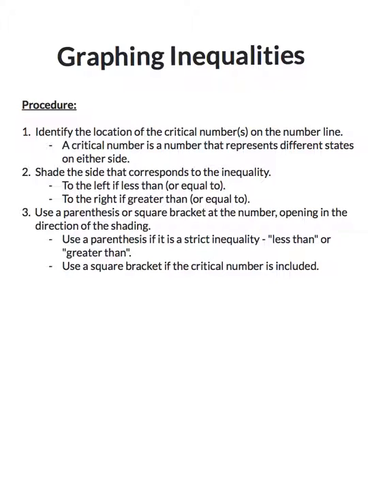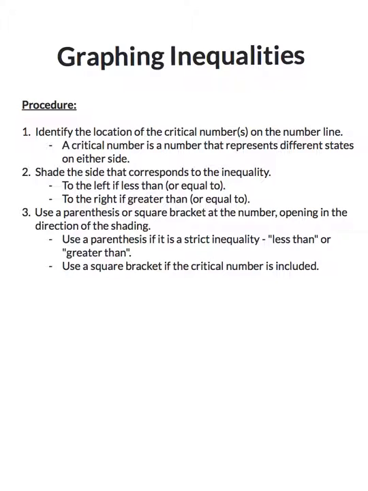You can use the old school notation, which is open circles and closed circles, but I'm going to present a new notation, which is parentheses and square brackets, only because this corresponds to our interval notation. So we are going to use a parenthesis if it is a strict inequality, meaning that it is strictly less than, or strictly greater than.